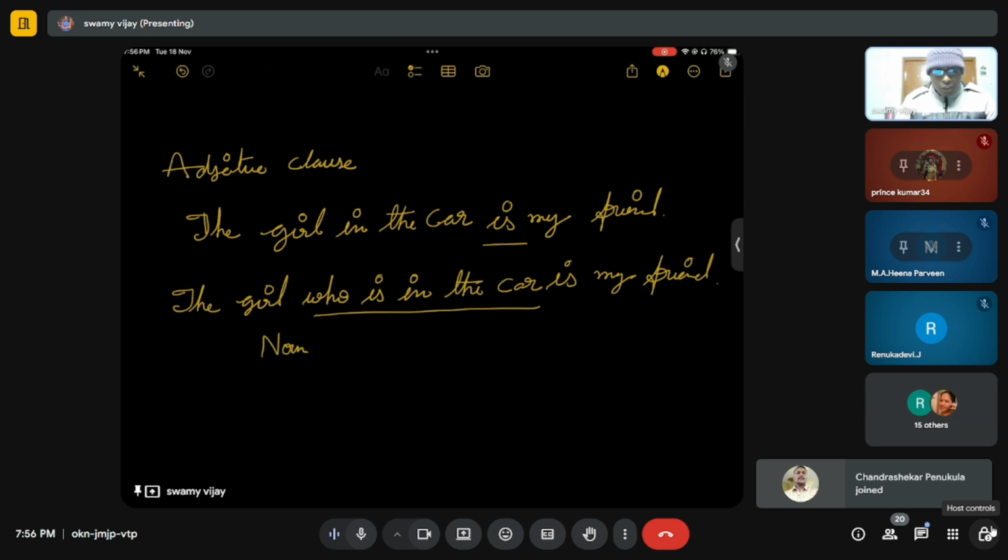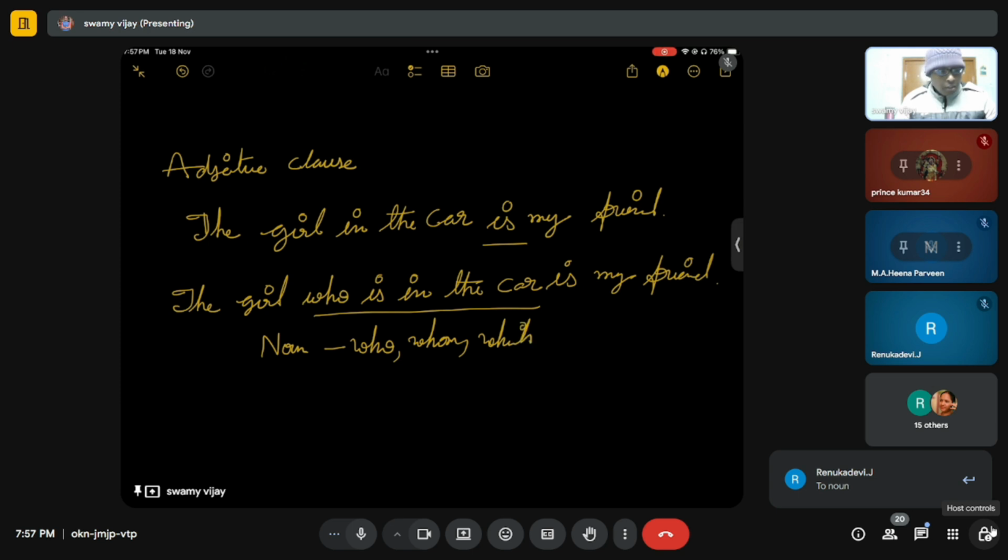Who, whom, which. If you find an answer to the question, the girl who, the one who is sitting in the car is my friend. So, to find out an adjective clause, you need to pose the question to the noun, relative clause also.